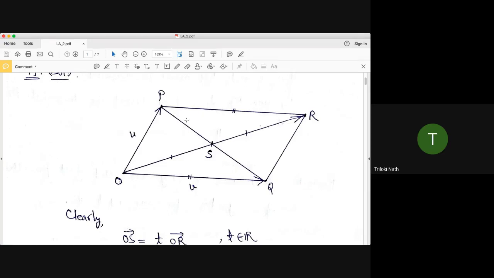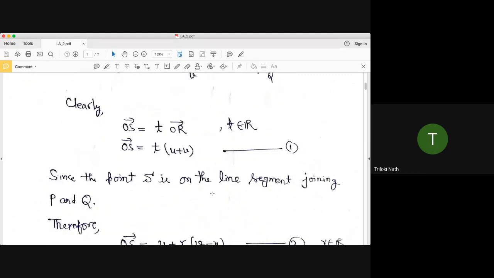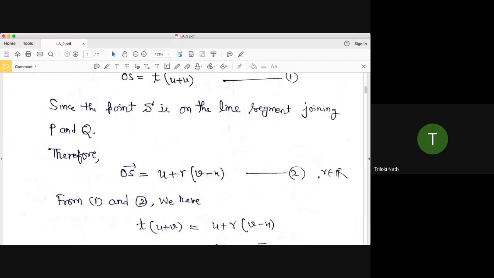So S is a point on the line passing through P and Q. What is the position vector of S? That is OS is equal to the vector U plus some scalar R times (V minus U). You remember this formula, I think. Already you know this formula.